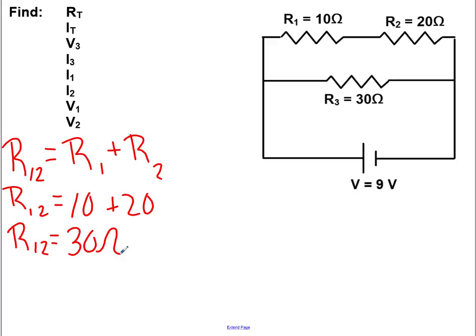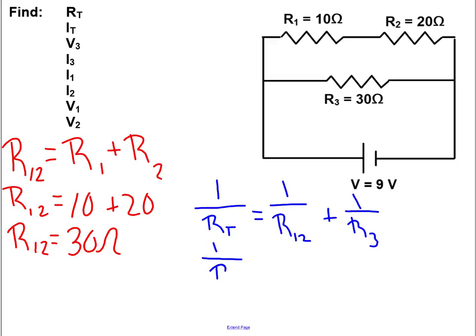So now I'm going to apply my rules of resistors in parallel. So I know that the equivalent resistance, or now I'm going to say my total resistance, is equal to 1 over the resistance at R12, plus 1 over the resistance at resistor 3.